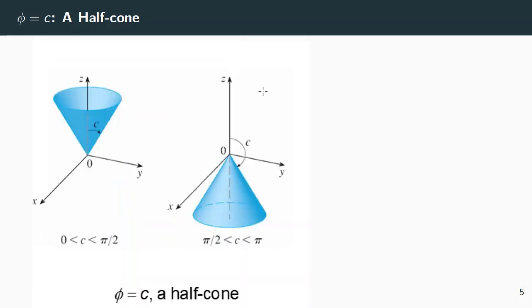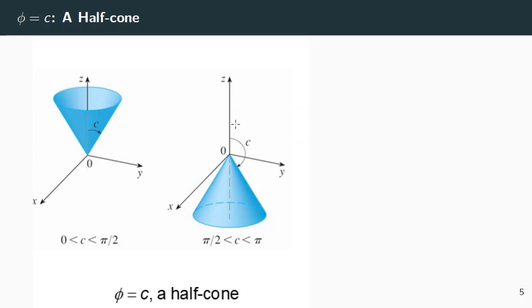And finally, phi equals constant gives you a cone. Given an angle, say 30 degrees or pi over 6, measured down, that gives you an angle to a point, but it could be any direction or any theta. For all the different thetas, you would get a circle. And then when you take all the different z values, you get a cone.